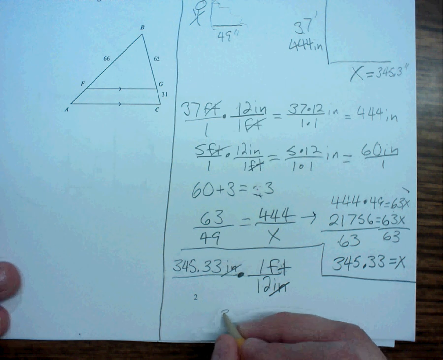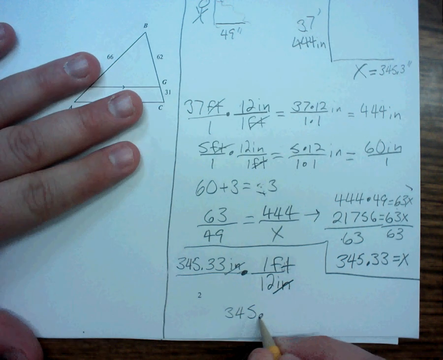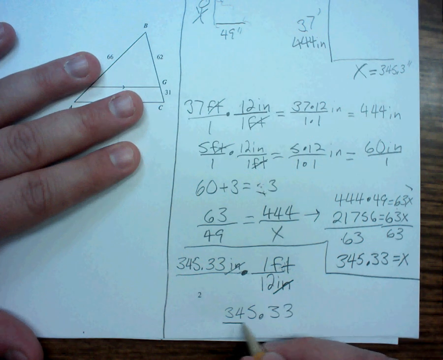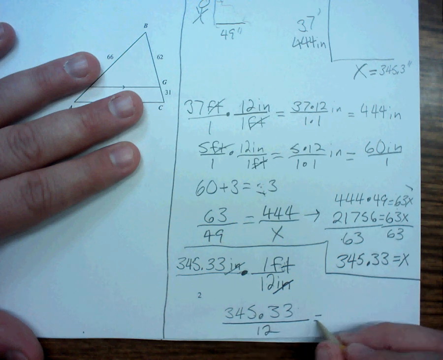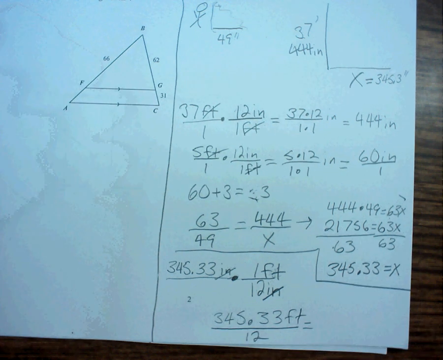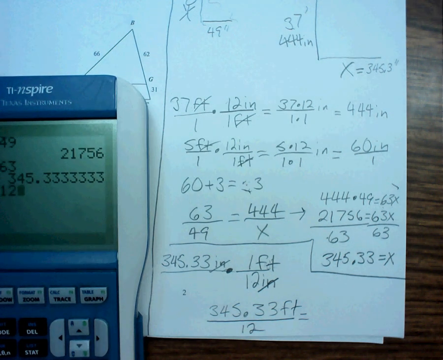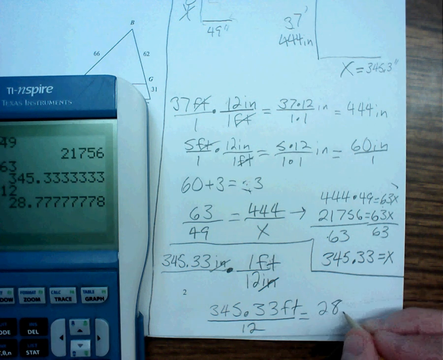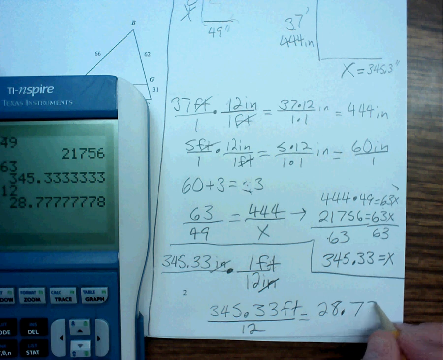So that's going to be 345. Boy, this is a lot of math. 345.3 repeating times 1, which is itself, divided by 12. And the answer will be in feet. Divided by 12, so I get 28.7 repeating.